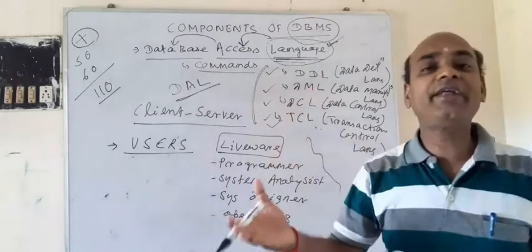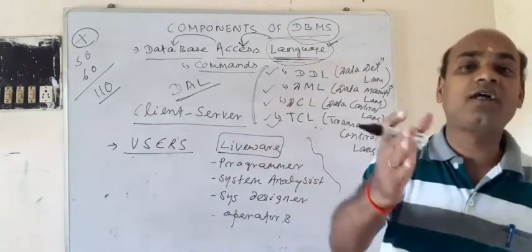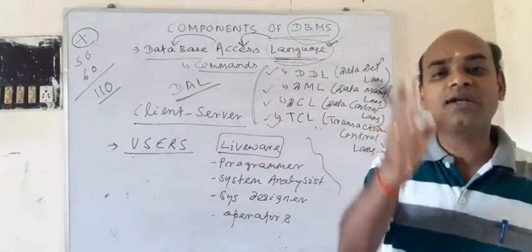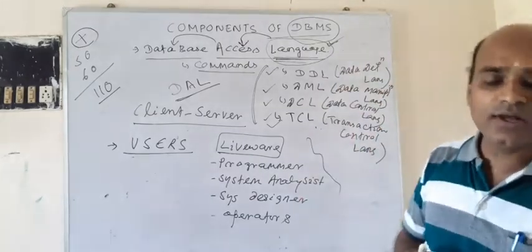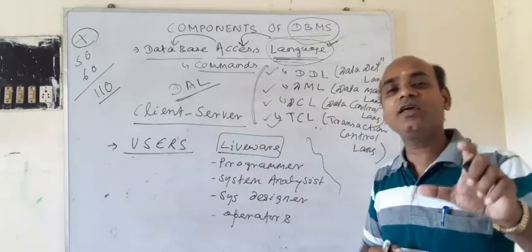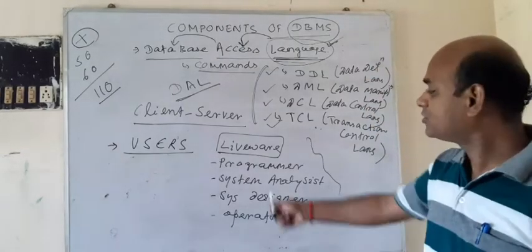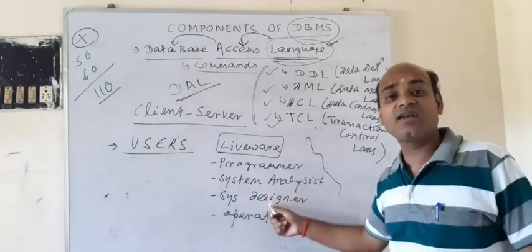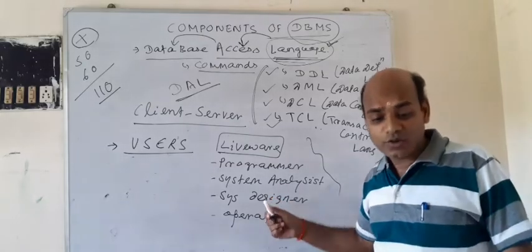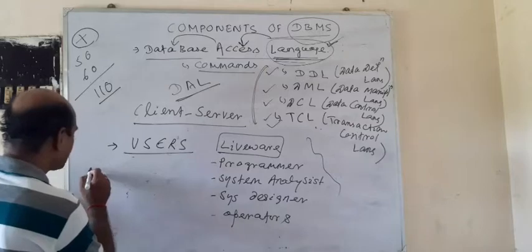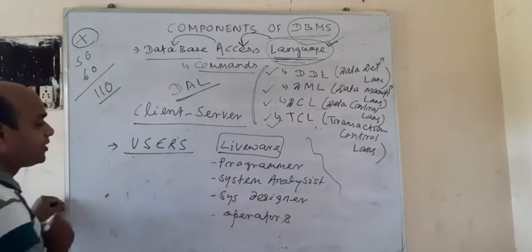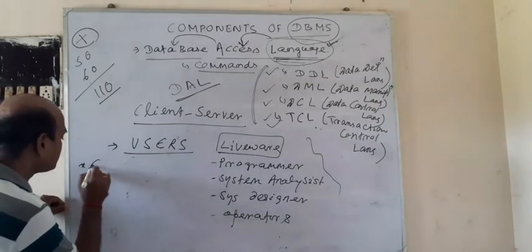They are creating reports for the external world, because data values are stored internally in computer memory, but these users extract data from this memory. There are many types of users, like the end user, another category of user.